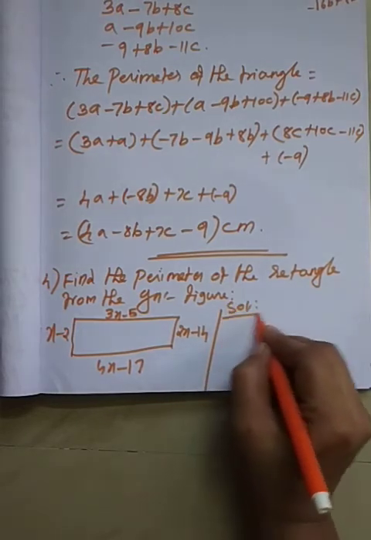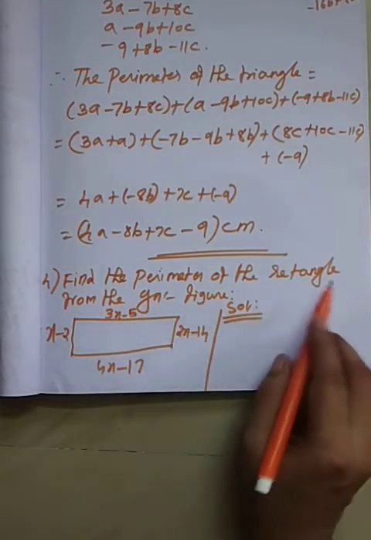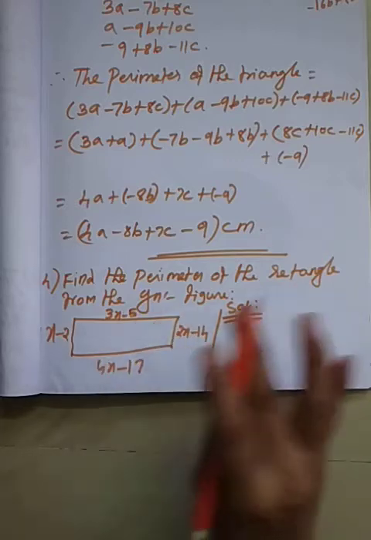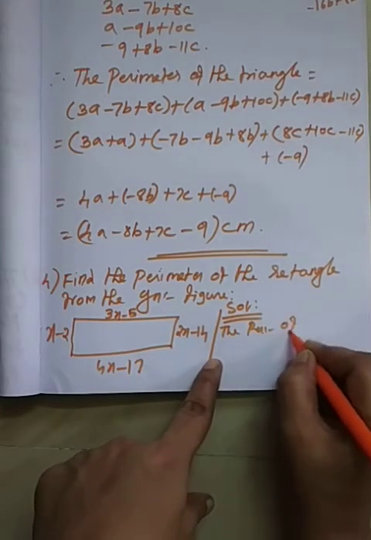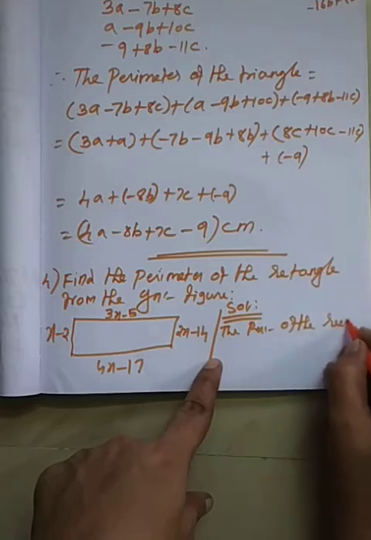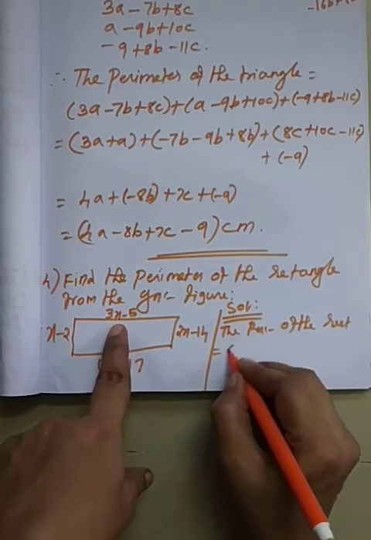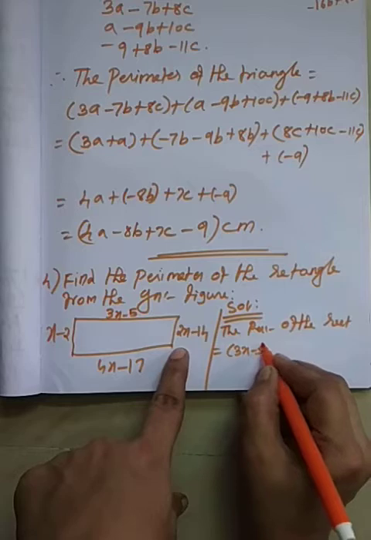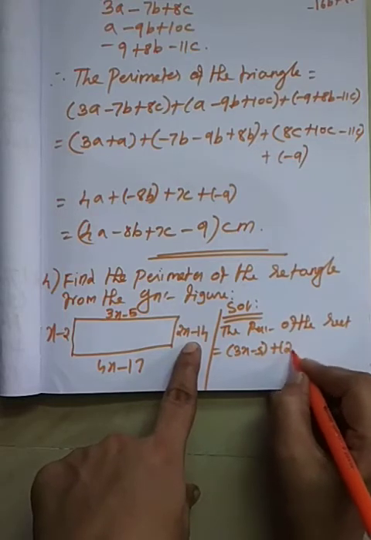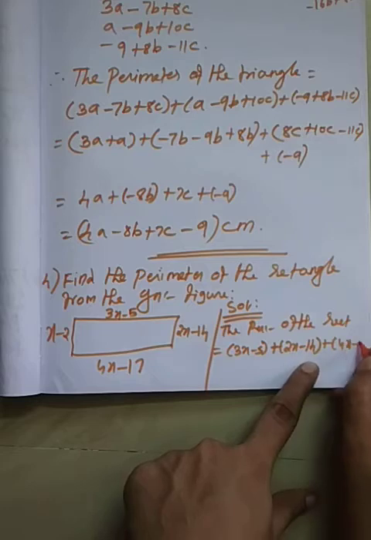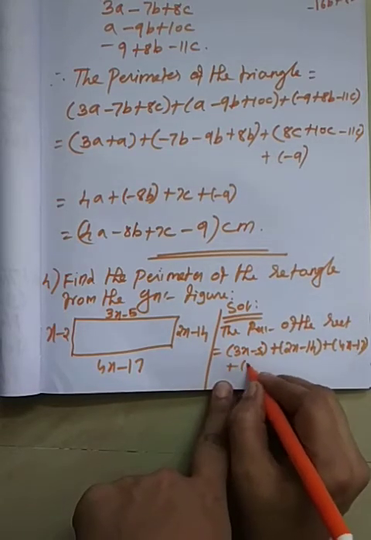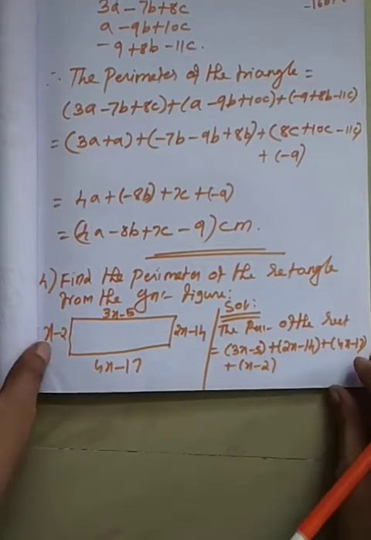So the solution is, the perimeter of the rectangle is equal to 3x minus 5 plus 2x minus 14 plus 4x minus 17 plus x minus 2.